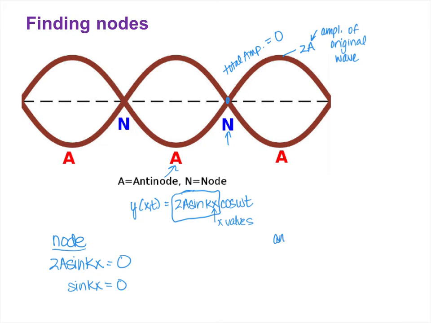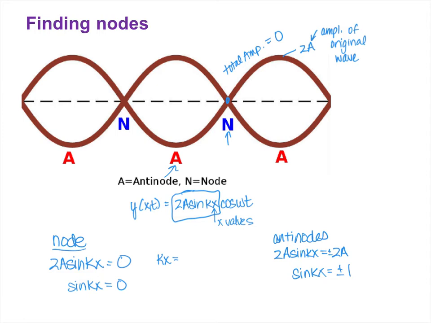For the antinodes, we're saying 2A sine kx is equal to 2A, or the sine of kx, and I can make that plus or minus, is equal to plus or minus 1. And so here we're trying to think of kx as the values where the sine of the angle is equal to 0. So where is the sine 0?